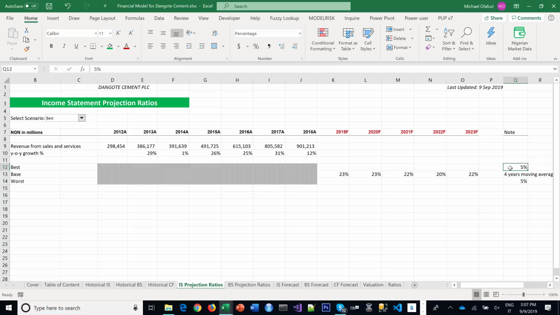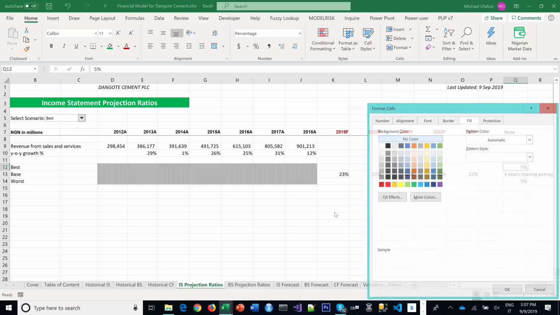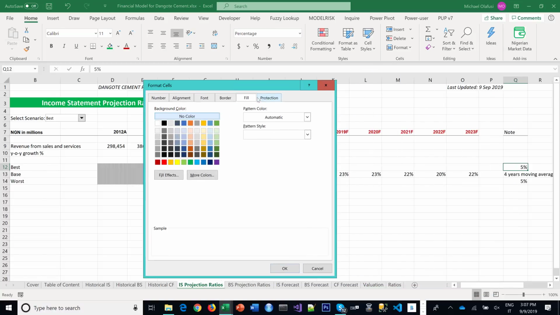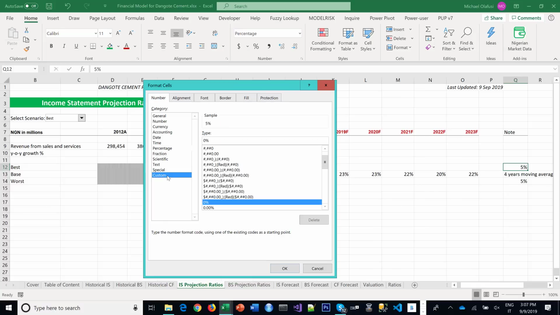Right, then I come here, I right click, I go to format cells, I go to custom formats, and then what I'm going to do is I'm going to say in quotation mark base case plus.